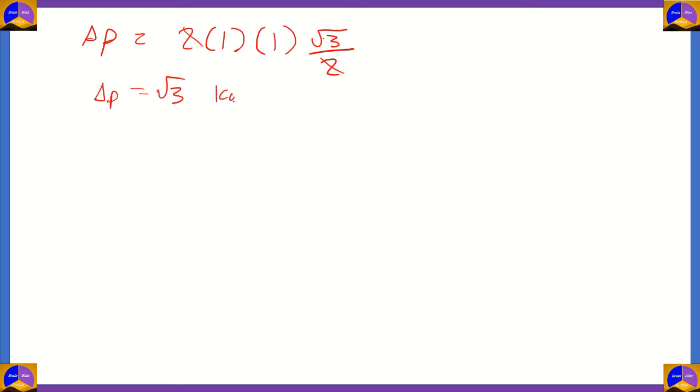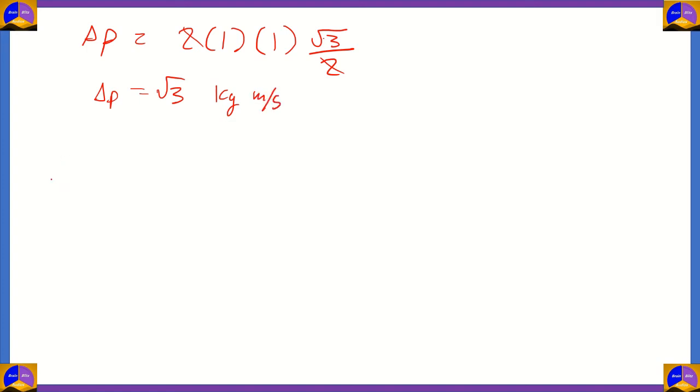So we can write delta P as 2 times the mass, which is 1 kg, times the velocity, which is 1 meter per second, times cos 30, which is root 3 by 2. So 2 and 2 get cancelled, so the value of delta P is root 3 kg meters per second.